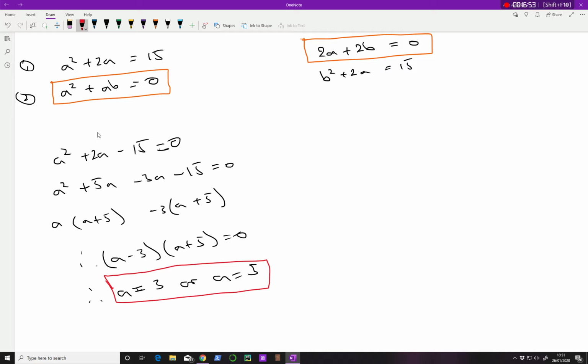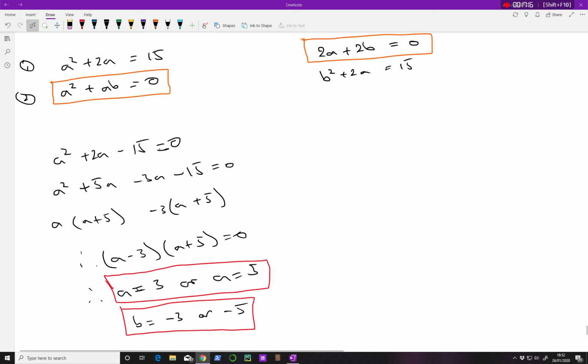And then when you substitute a equals 3 or a equals 5 into any one of these, you get b. You get b coming out as b equals minus 3 or minus 5. The solution actually says that a equals 3 and b equals minus 3.